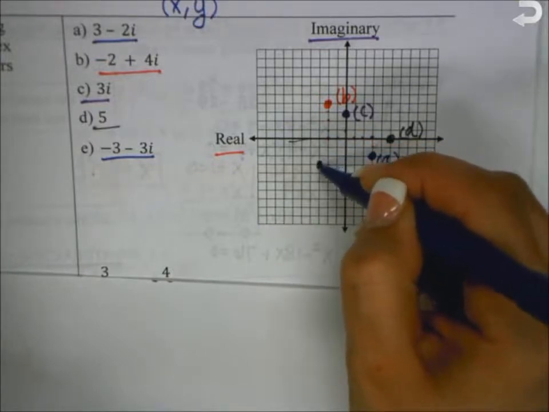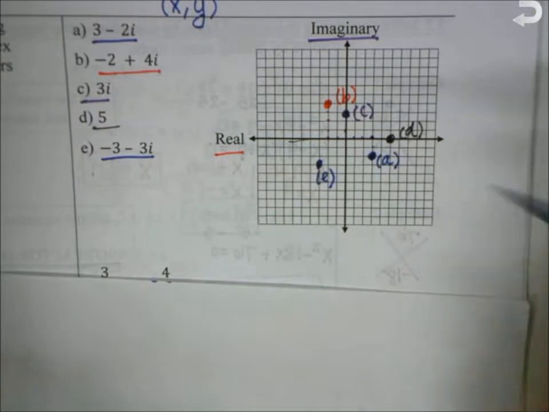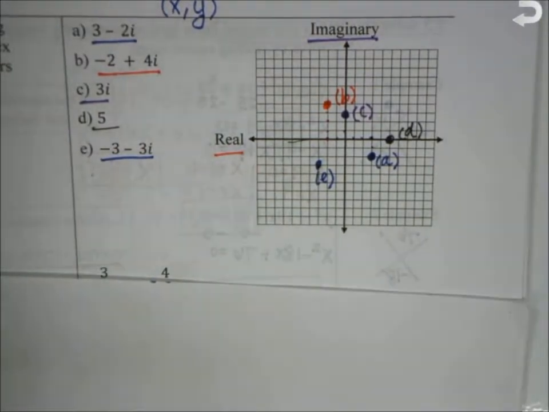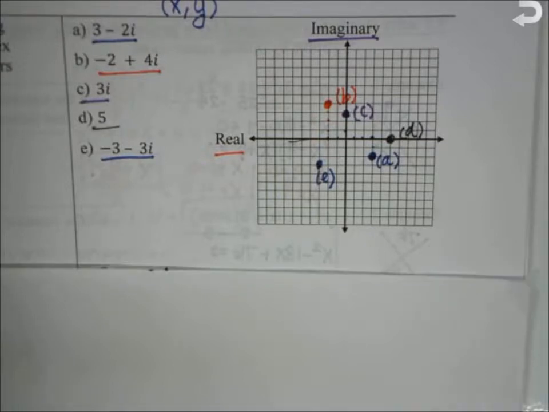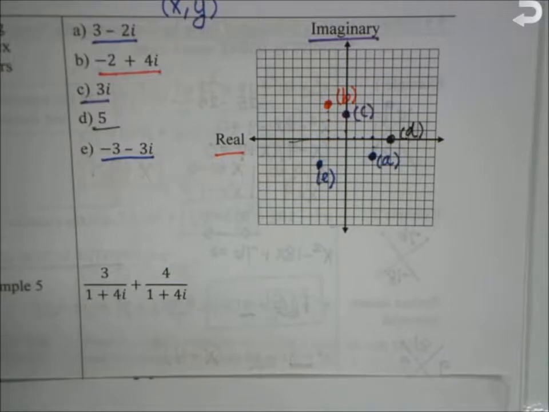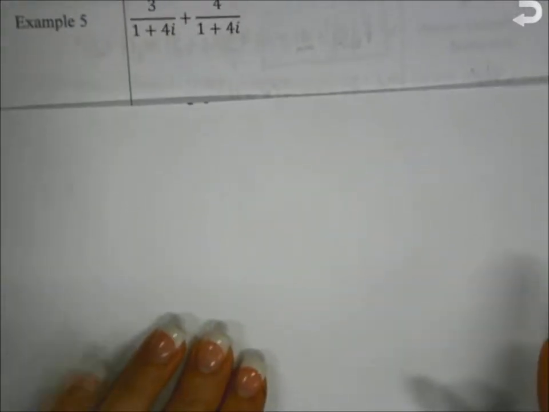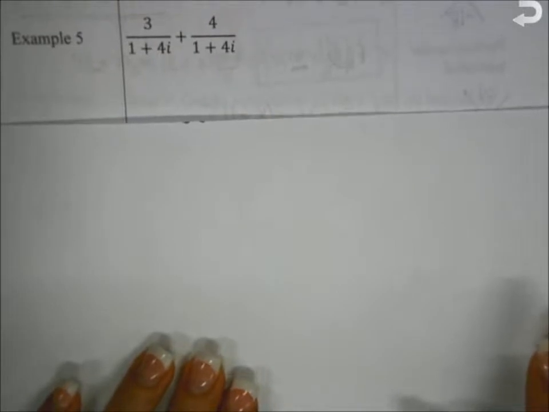Okay, so that's plotting. Next part we need to look at is what if we are adding and subtracting with fractions. This is going to take a couple steps here. First of all, I want to add or subtract here, and can I? Why? Because they have a common denominator.